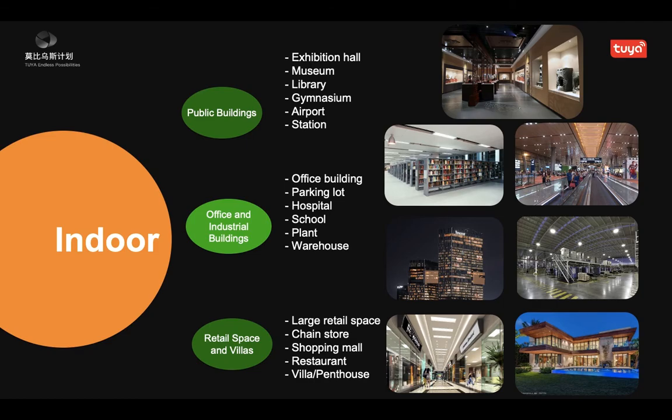Next are some application scenarios based on which we can find related clients. For indoor scenarios, our lighting system can be used in public buildings, offices, and industrial buildings, and also retail spaces and villas.